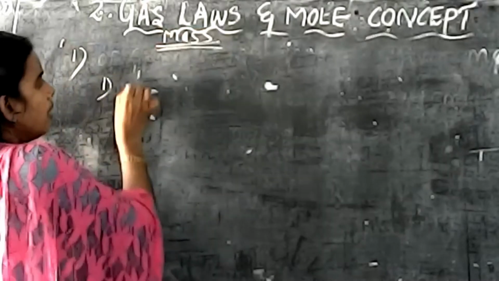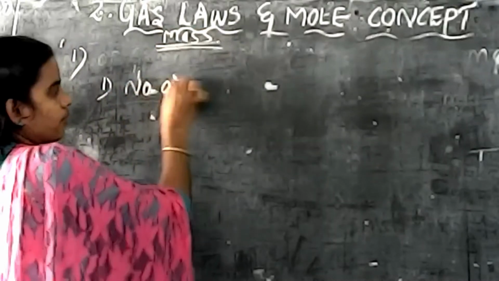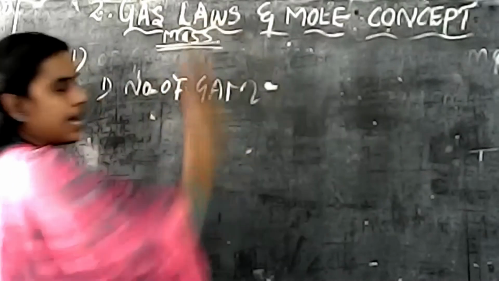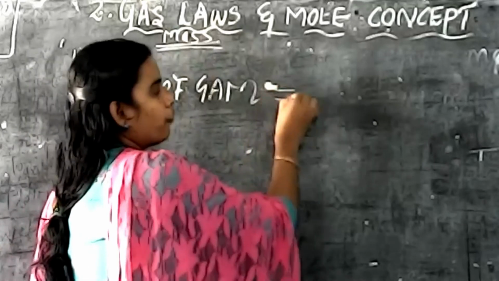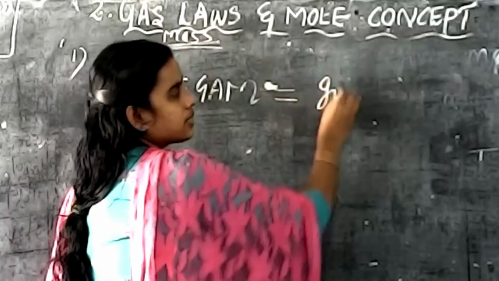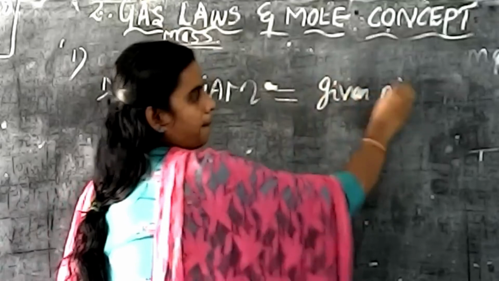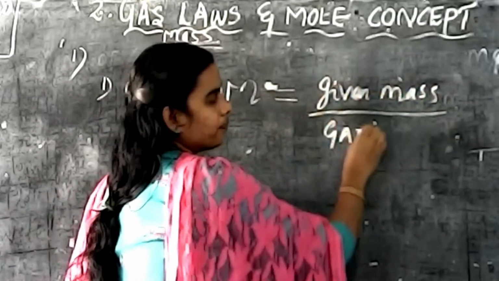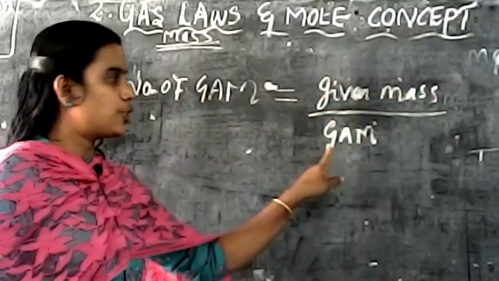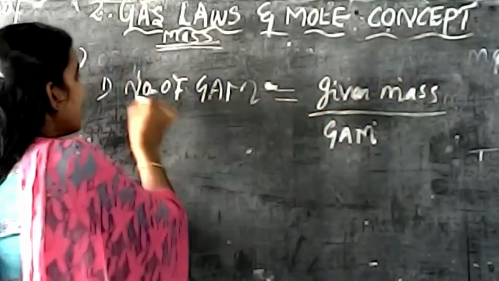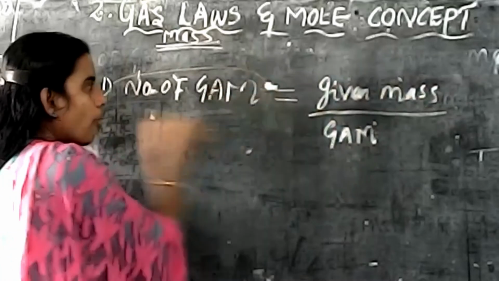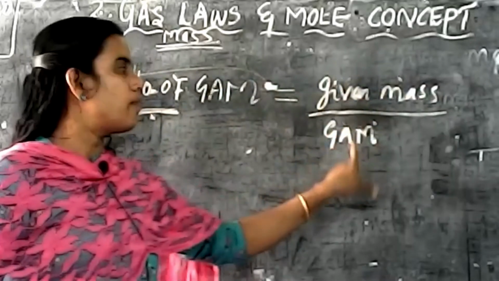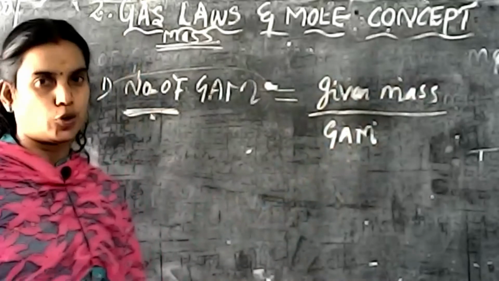What is the formula? Number of gram atomic mass is calculated by the formula given mass by GAM, gram atomic mass. Here we have to calculate the number of GAM.